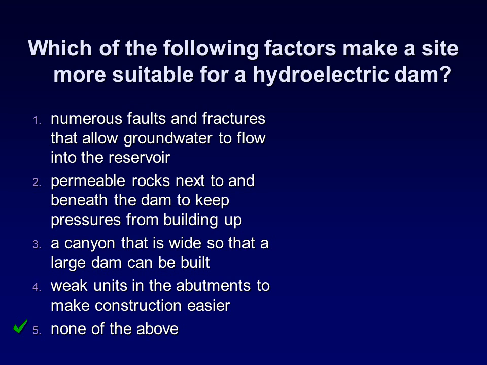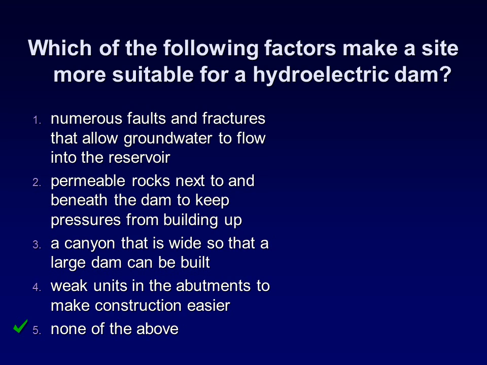Number 2, permeable rocks next to and beneath the dam to keep pressures from building up. No, right? We do not want permeable rocks anywhere around our dam, really. So we definitely don't want them underneath the dam, so that you'd be losing all the water from below.